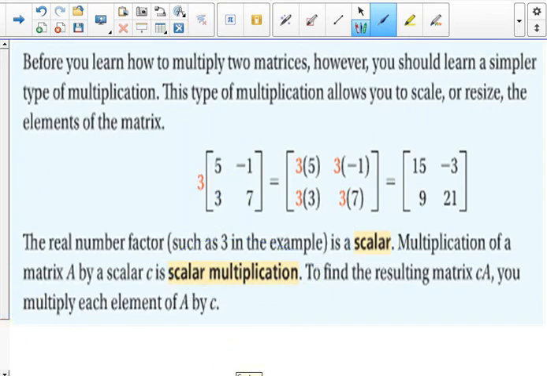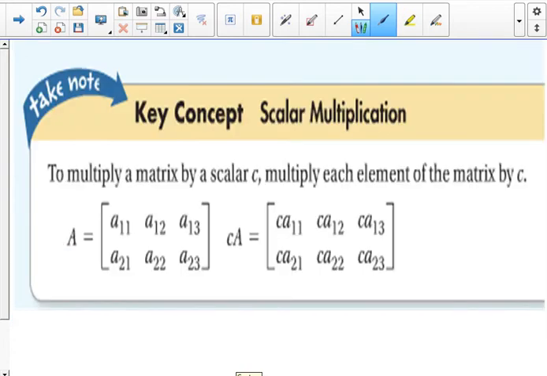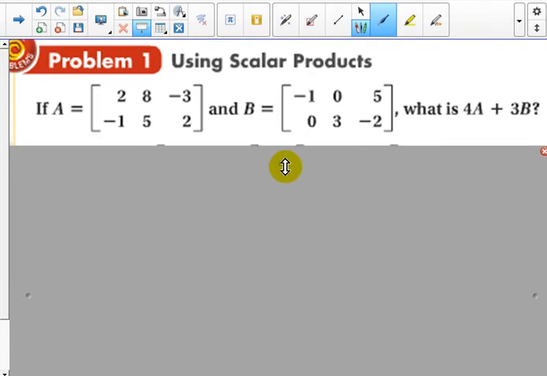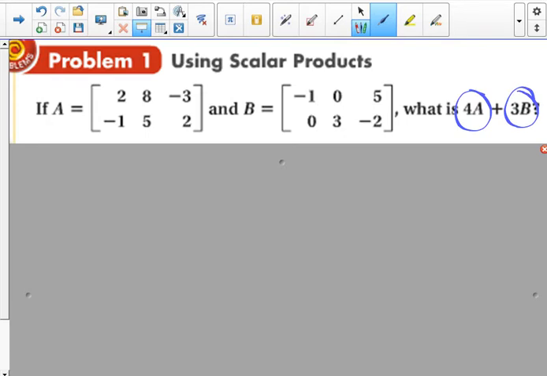Any questions? Okay. All right, so let's look at our first example. If A is equal to matrix 2, 8, -3, 1, -1, 5, 2, and B is equal to -1, 0, 5, 0, 3, -2, what is 4A plus 3B?